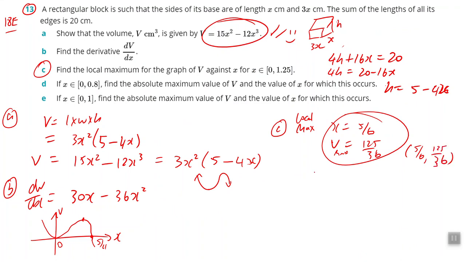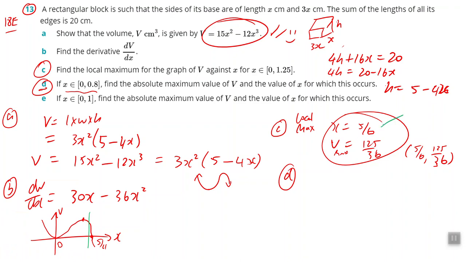Now, part D says that our domain is restricted to 0.8. Can you see our graph is now cut off? If our graph's cut off here, we need to check whether our maximum is still what we want it to be.